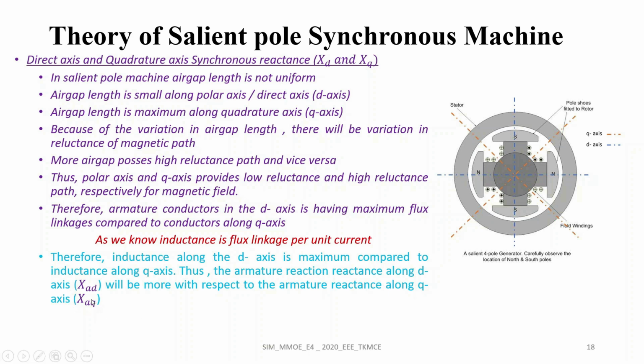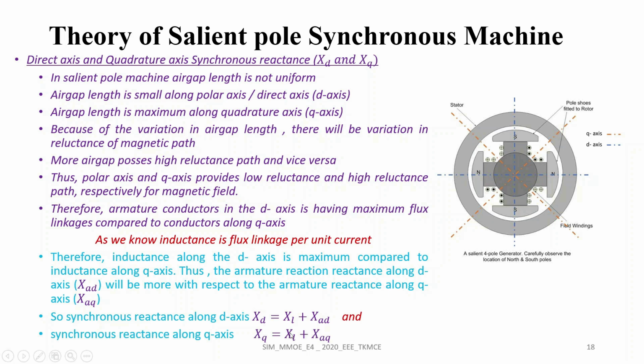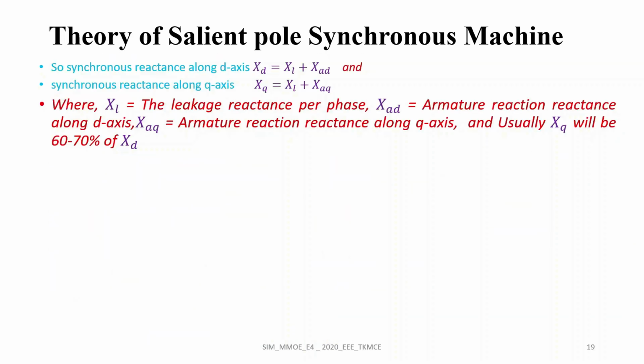The total reactance of the machine along the direct axis, that is the synchronous reactance along the direct axis, XD, is equal to XL plus XAD. The synchronous reactance along the quadrature axis, XQ, is equal to leakage reactance plus armature reaction reactance along the quadrature axis, where XL is the leakage reactance per phase.